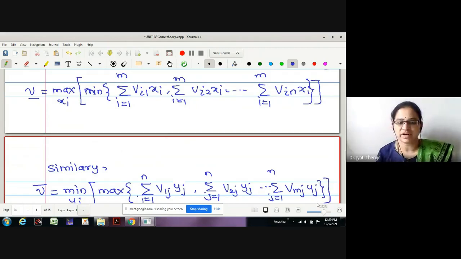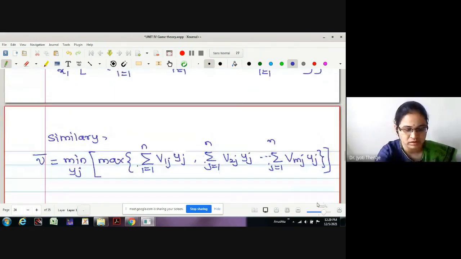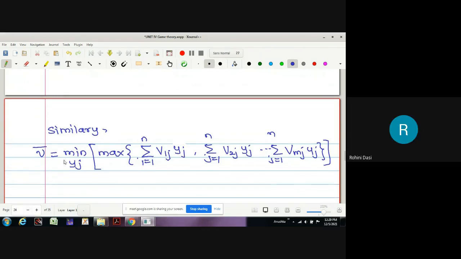Is that okay? Whenever the two values get equated, these are called the expected values of the game. Yes, understood the criteria? Yes, ma'am.